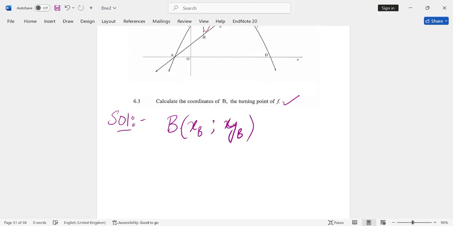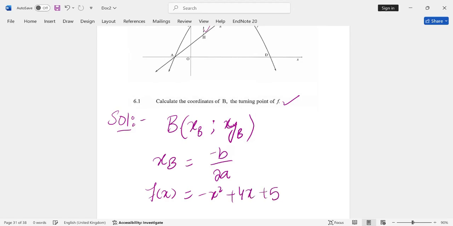Okay. So we use the formula for the axis of symmetry. So x_B equals to minus b by 2a, and we have to find the values of a and b from the function f of x that is equals to minus x squared plus 4x plus 5.